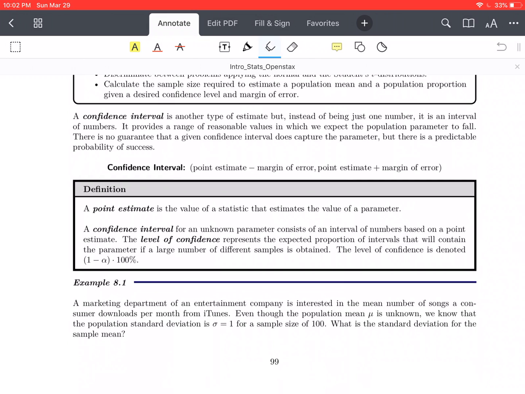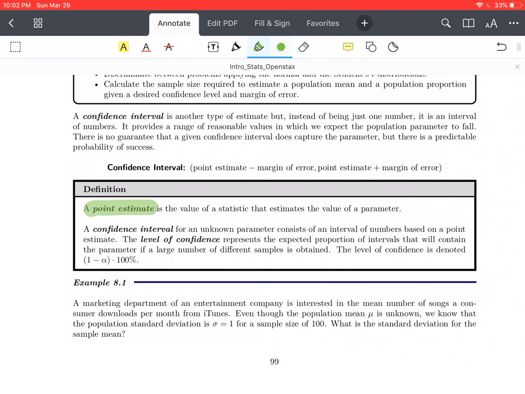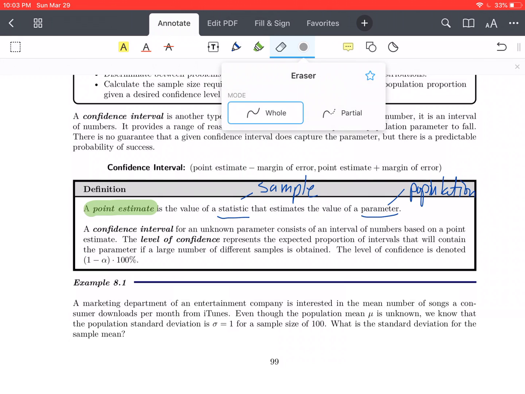So, first up, we need to just briefly talk about a point estimate. A point estimate is the value of a statistic that estimates the value of a parameter. If you recall the difference between a parameter and a statistic, a statistic goes with a sample, and a parameter goes with a population.